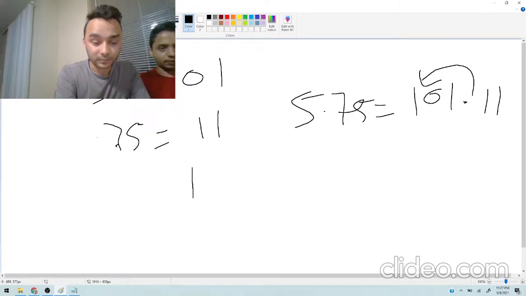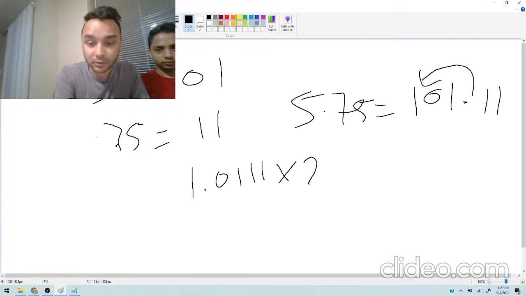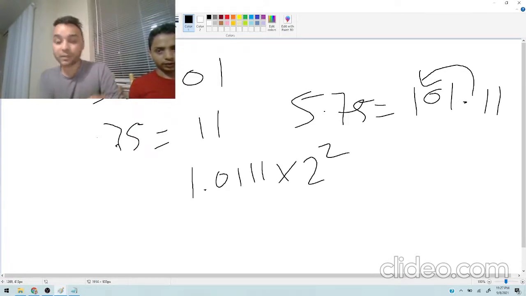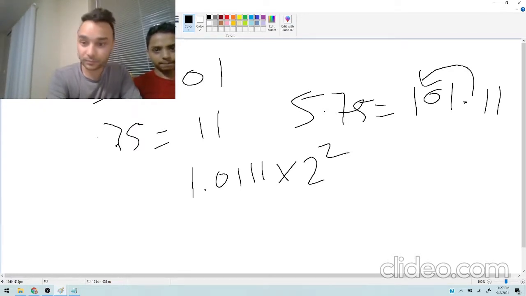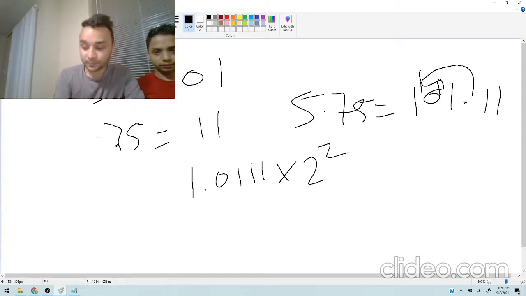This is also called scientific notation. So the scientific notation is 1.0111 times 2 to the power 2. We moved the decimal 2 places, so the exponent is 2, and the base is 2.